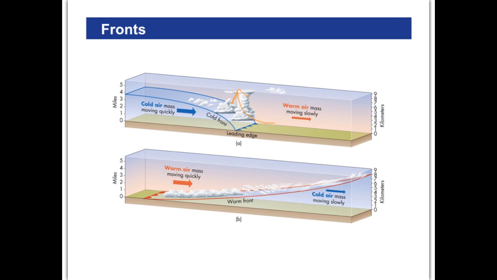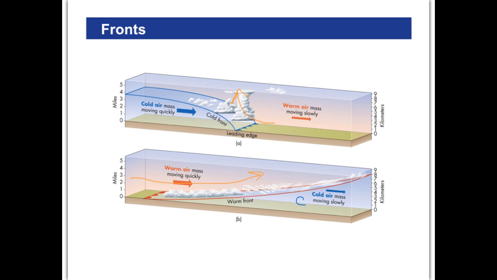On the other hand, this is a warm front. So right there is where the front line would be, and what's happening right here? Well, you've got cold air sitting over on the right-hand side, just minding its own business. If warm air is moving rapidly, it's going to overtake that cold air, and it's not going to want to sink underneath it, right? Because warm air is less dense.